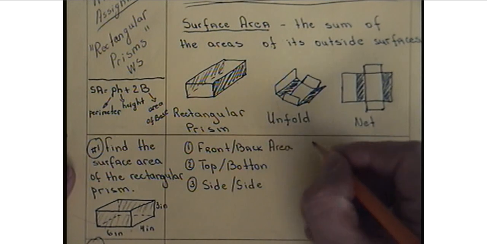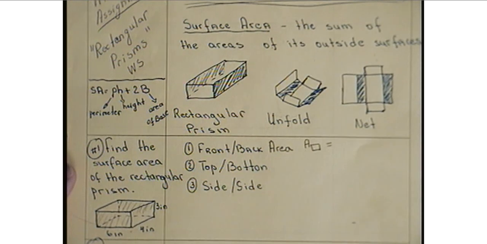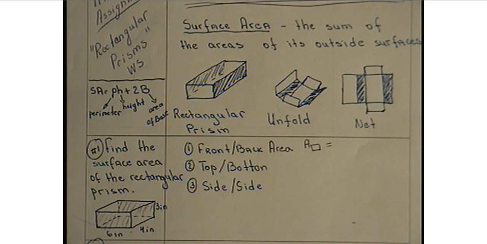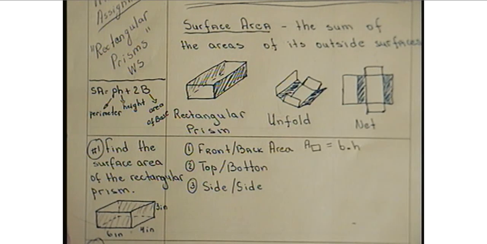So how do we find the area of a rectangular shape? If you remember your formula sheet and some of the discussions that we had, the area is base times height.